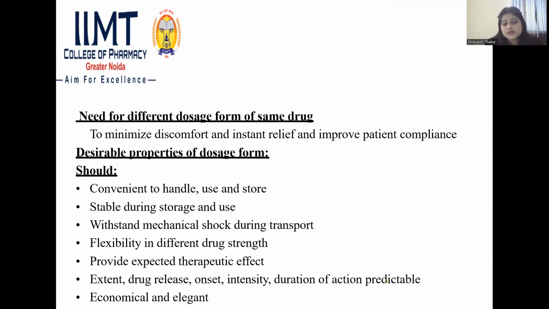Flexibility in different drug strengths, provide expected therapeutic effect, and predictable drug release, onset, intensity, and duration of action. Then the most important point is that it is economical and elegant. Economical means the drugs are available at a very affordable price in the market so that they can be purchased by everyone. These are the desirable properties of a dosage form.